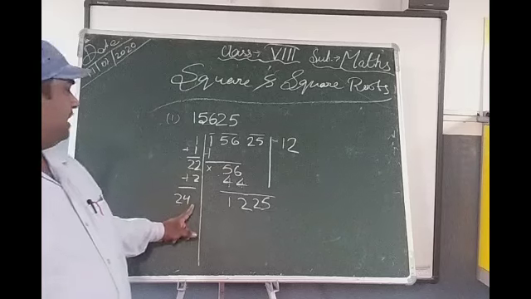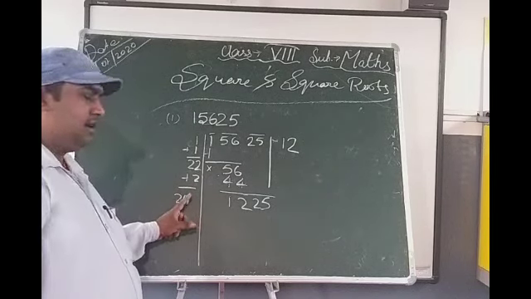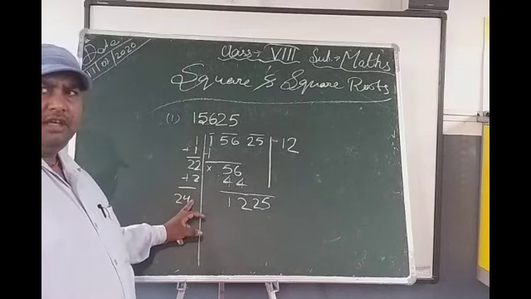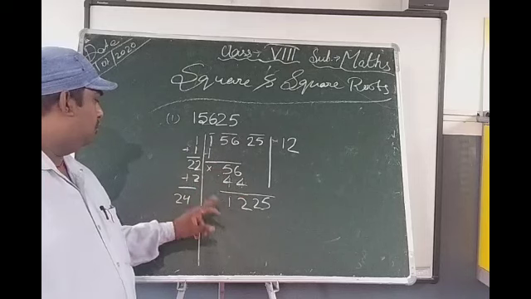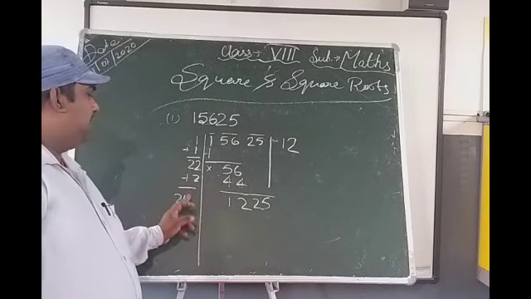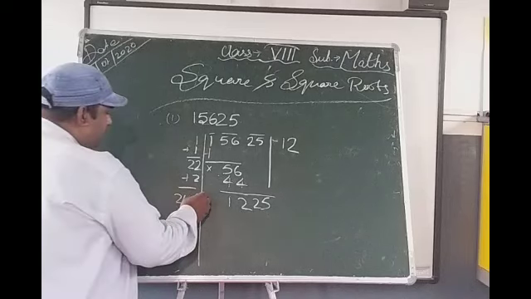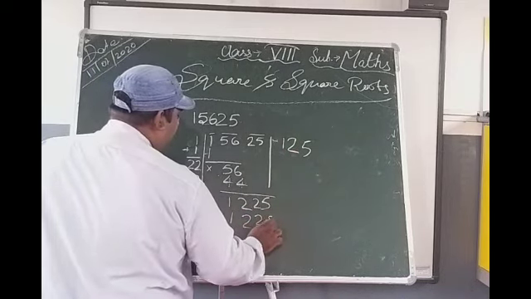Now we will search for a number which makes the number divisible with the given number. If we write 1, then it will be 241 into 1, 242 into 2, 243 into 3, 244 into 4. We have found that 245 into 5 will be 1225.